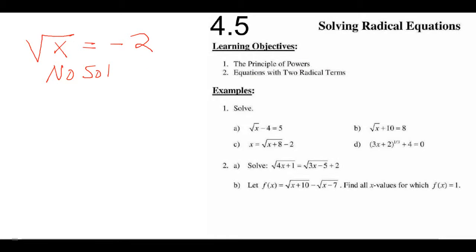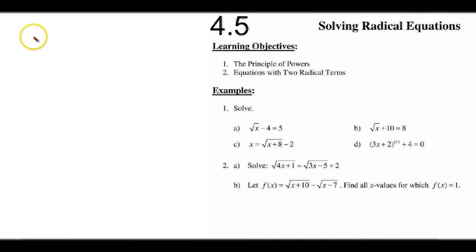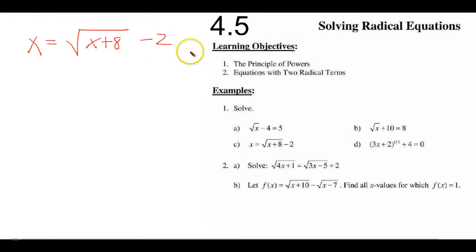All right, going on to number 3, or letter C, I should say. We have x equals the square root of x plus 8 minus 2. So once again, the rule is to isolate the radical.